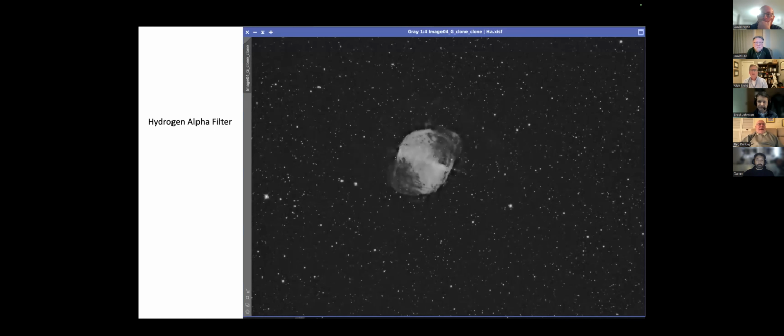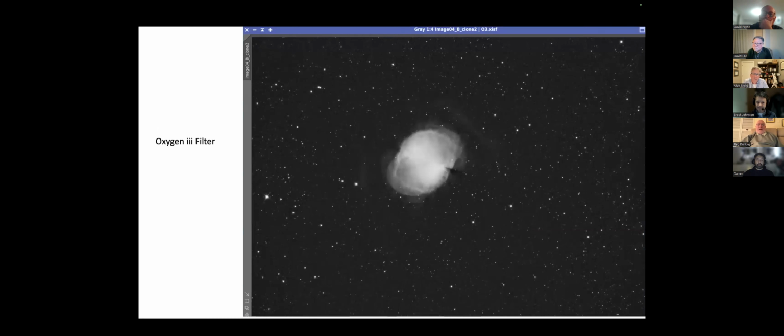And then hydrogen alpha, and this is a case where we might have been blowing out the core here. But I'm going to play around with masking and stuff like that and get that better. You can also see a very faint ghosting out here. But the interesting one is the oxygen 3.